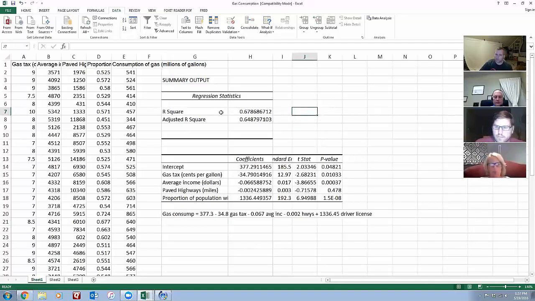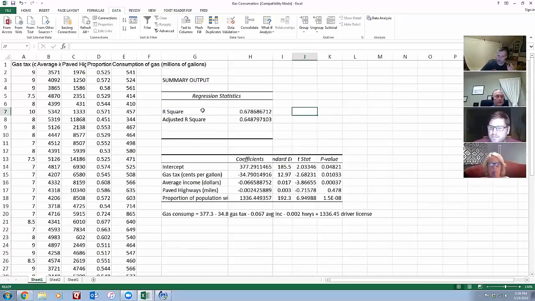It doesn't tell me about individual variables per se. It just says of this group that you've picked, they do this well at explaining gas consumption. So in this case, it looks like 65, 68% of the variation in gasoline consumption is explained by these 4 variables that we've picked.